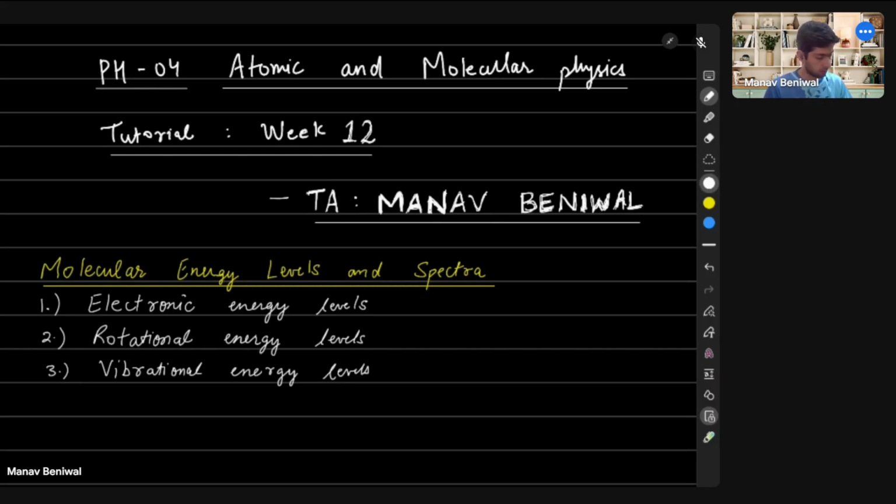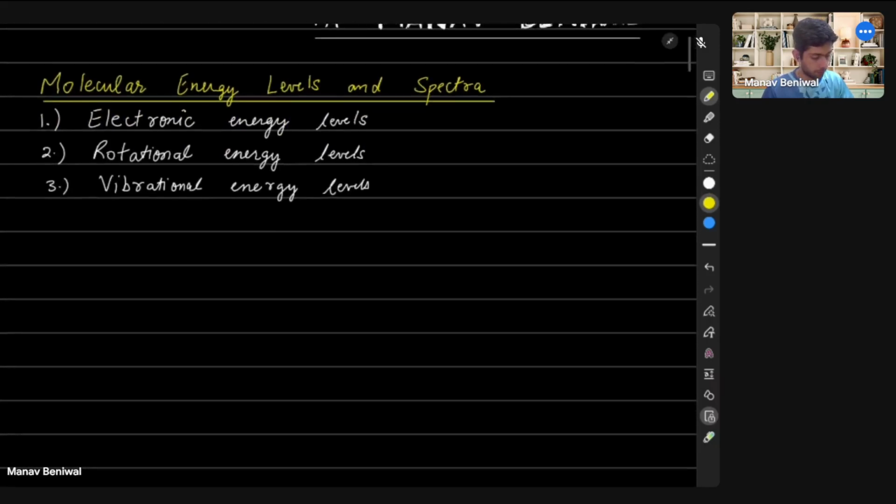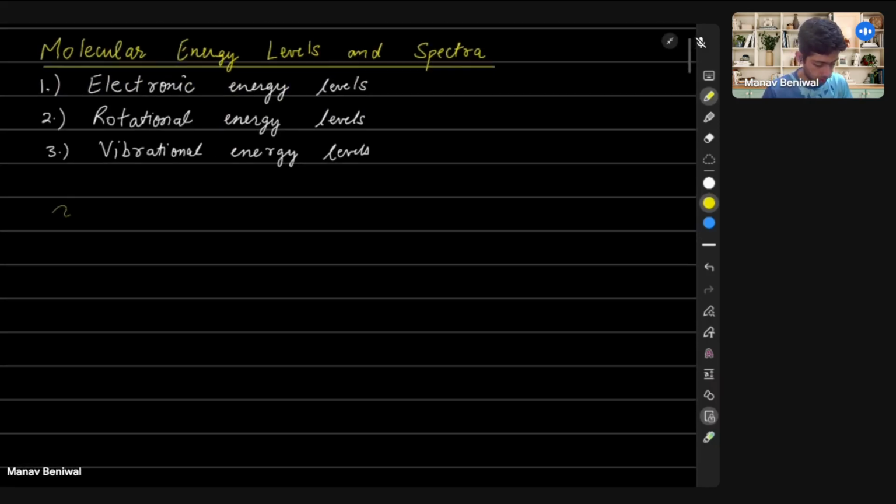Okay, so let's move on to this, which will be more of a focus for today's problems, which is the Raman effect. So what is the Raman effect?